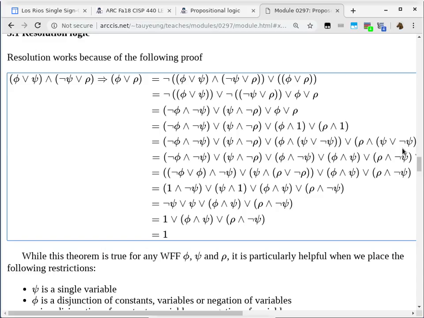So I'm really just distributing, so it ends up with phi and not psi, or phi and psi. Is that okay? And the same thing for rho. Basically, it's exactly the same deal. It's just distribution. So are we doing okay so far? Up to here.